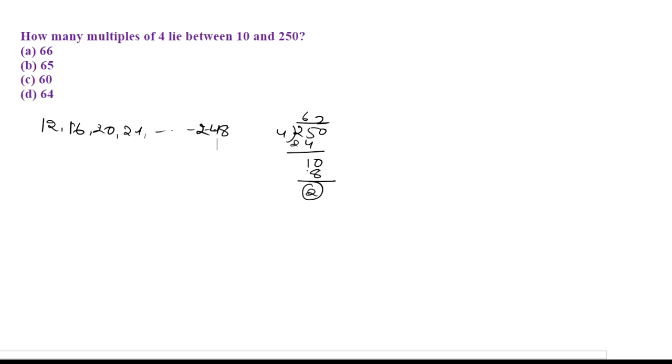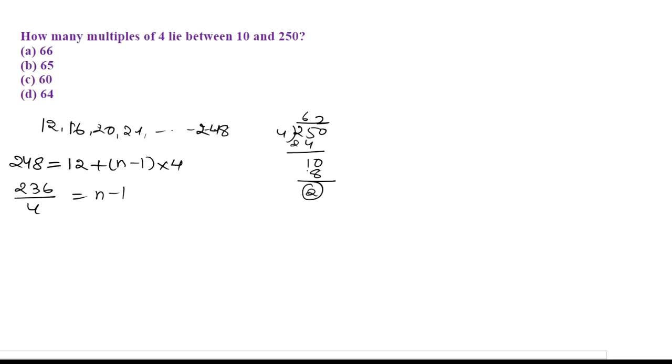Next, what do I need to do? I have to find out n. So Tn is given to us, 248, is equal to a, and a is also given, 12 plus n minus 1 into d. d is how much? 4. Correct? 248 minus 12 is 236. Divide by 4 is equal to n minus 1.